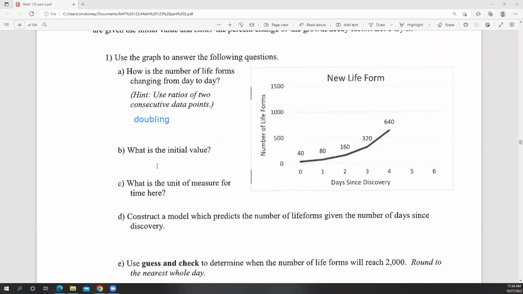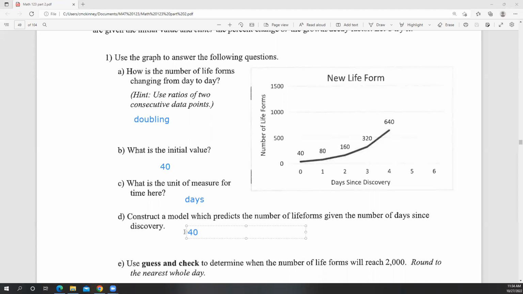So the initial value. What's the lowest number? What on day 0? 40. And in this case, we've had a lot of years, but this time it's days. And then here, if we construct a model that predicts the number of life forms given the number of days since discovery, we've got our initial 40.